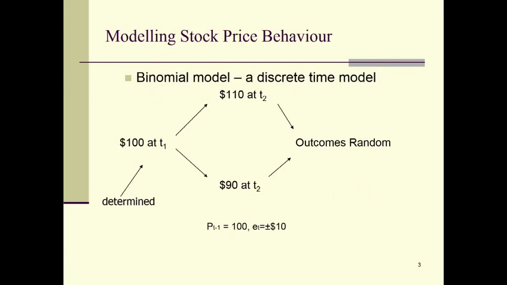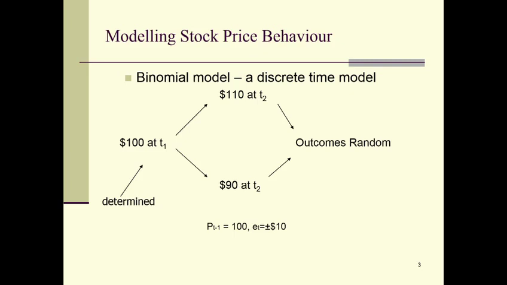Okay, a binomial model, as we said last week, is a discrete time model. Now, is a binomial model a stochastic process? A stochastic process is one that involves uncertainty, right? That involves randomness. So is a binomial model a stochastic process? Why do you think it's not a stochastic process? The probability is certainty.